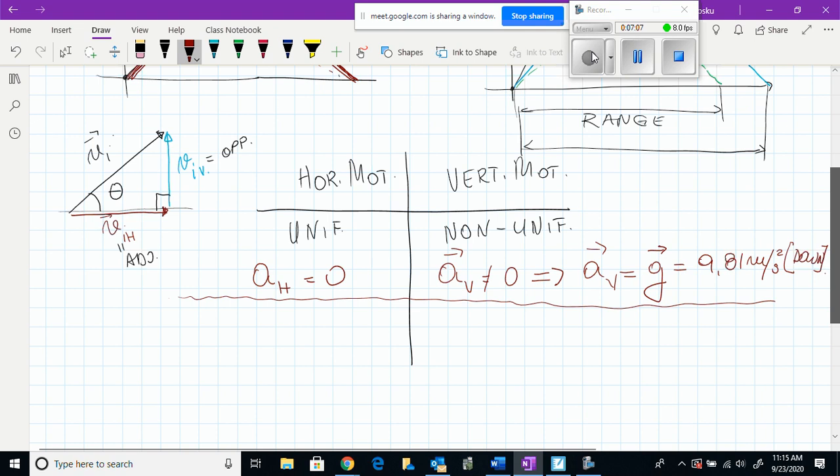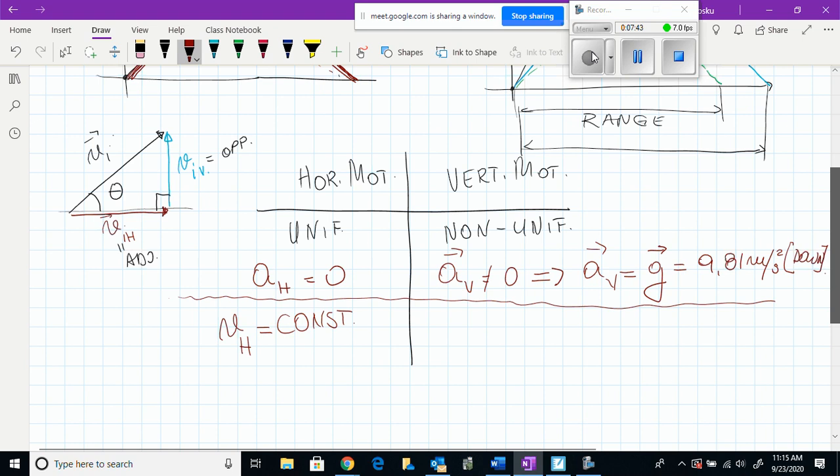Next one is the velocity, because as we have said, we are dealing with kinematics. Kinematics talks about acceleration, velocity, displacement, and the time in which those are happening. Now, since we are dealing with a horizontal motion, which is a uniform motion, the velocity in the horizontal will be a constant value.